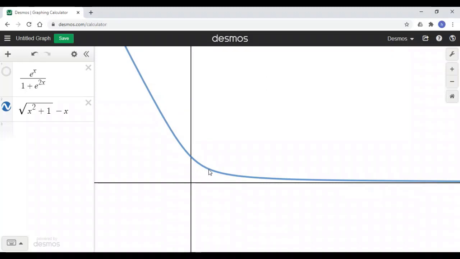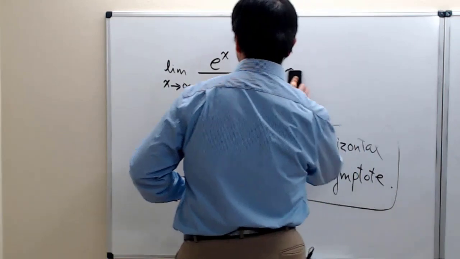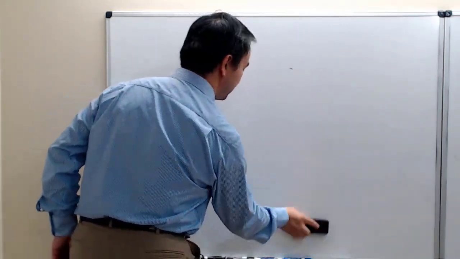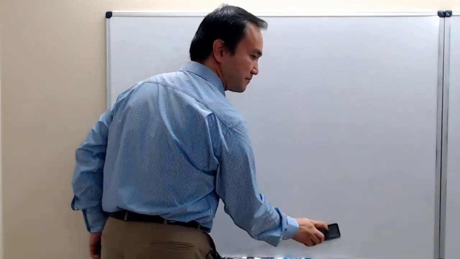As we're tracing along the graph and keep moving further out to the right-hand side, this blue graph of square root of x squared plus 1 minus x becomes horizontally asymptotic. That is consistent with what we found in our earlier example question.